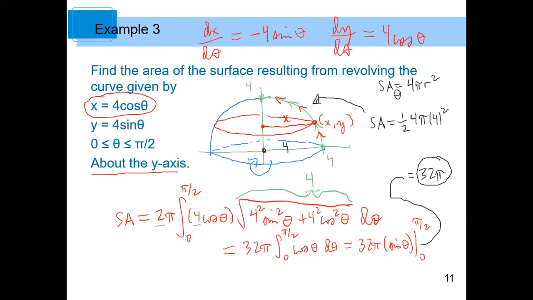Does this work? Yeah, because 1/2 times 4 is 2, times 16 is 32 pi. Check. So in that case, we actually had the ability to check the answer, but the formula gave it to us anyways. Yes, Jared. Does that make sense?